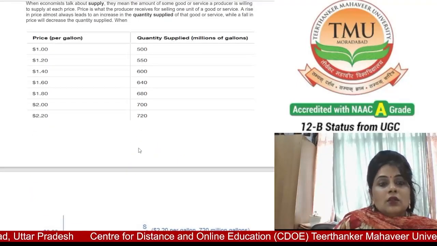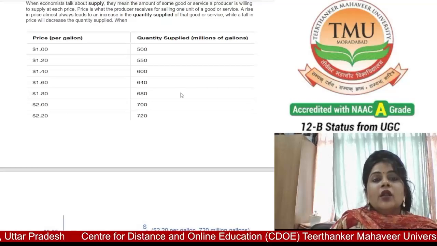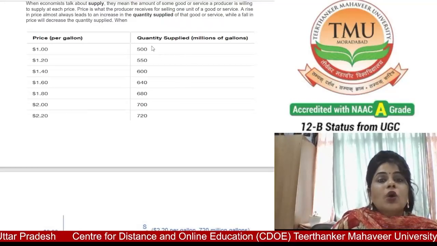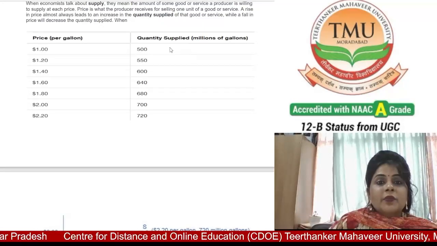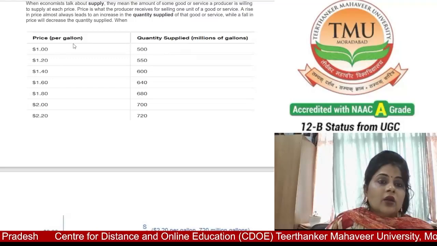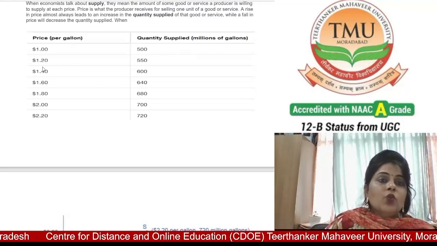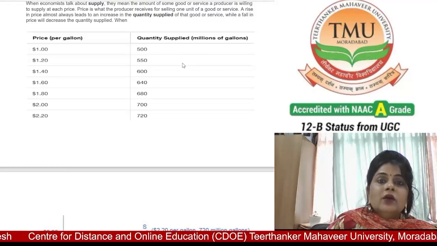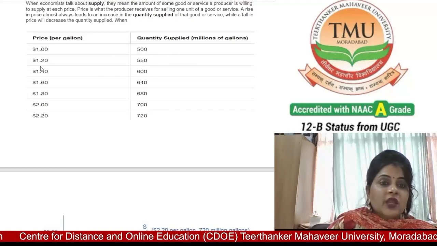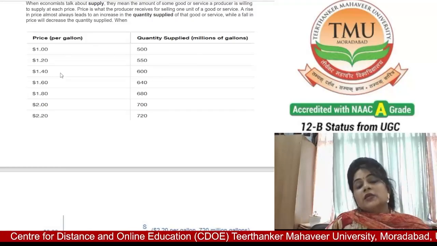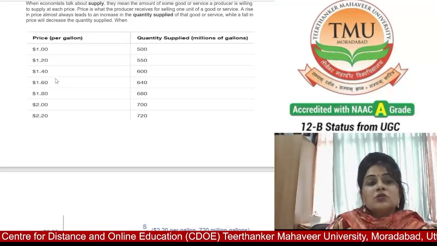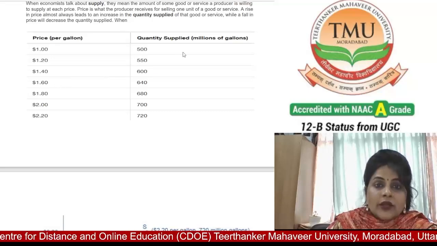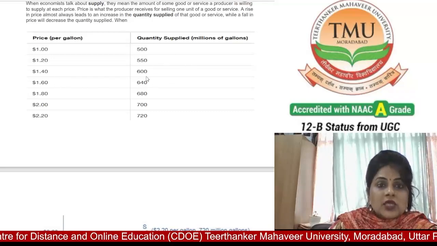When the price is $1, the quantity supplied is 500. When the price increases and becomes $1.20, the quantity supplied also increases to 550, and when the price increases to $1.40, the quantity supplied increases to 600.